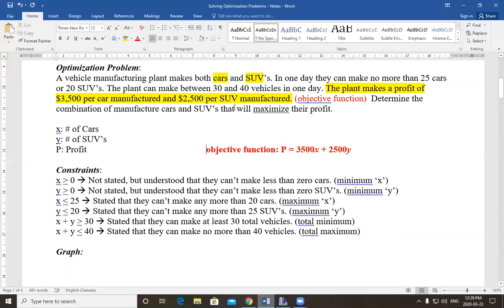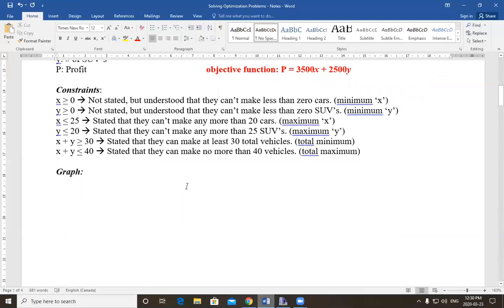And likewise, they can make no more than 40, so X plus Y must be less than or equal to 40. So we have 1, 2, 3, 4, 5, 6 inequalities that we are going to put in. We are going to go into Desmos and start the graph.